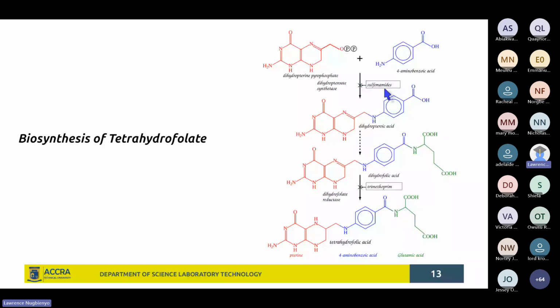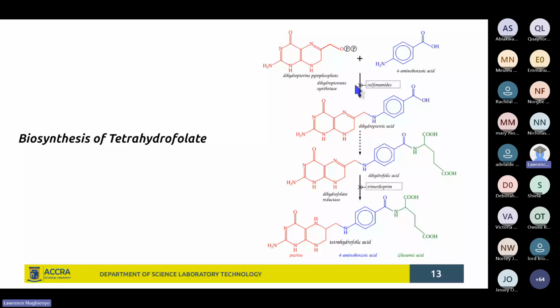Sulfonamides are a group of antibiotics. So what it means is that those antibiotics inhibit the enzyme dihydropteroate synthase. It is that enzyme which catalyzes that first reaction.